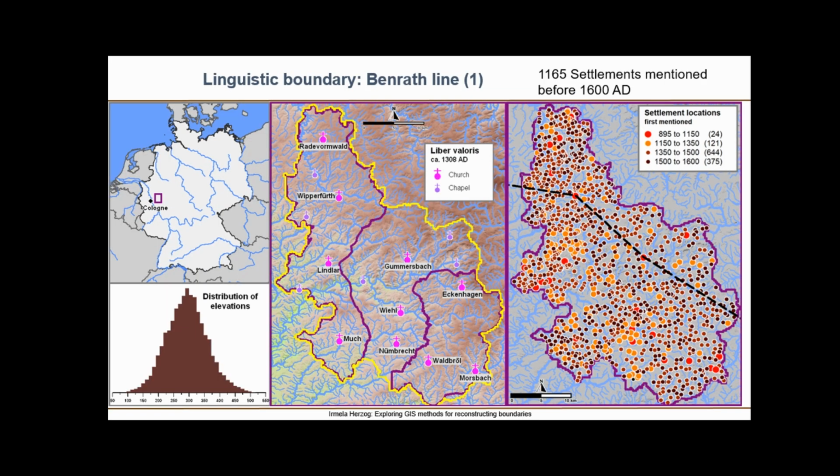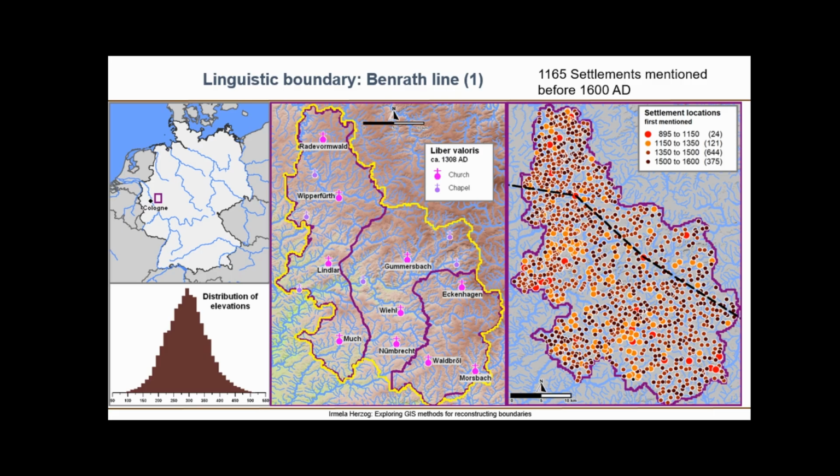So this is the study area, and we start with a very easy application of GIS. We have this linguistic boundary, which I just took from Wikipedia and put in my data set, and the data set consists of 1165 settlements mentioned before 1600 AD.